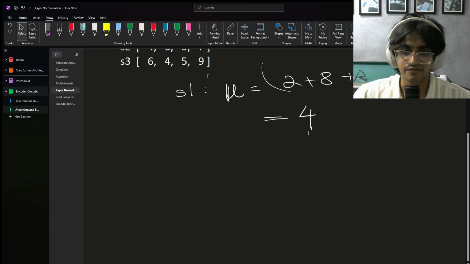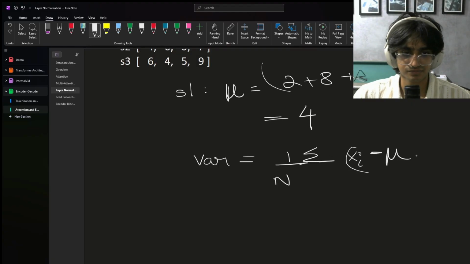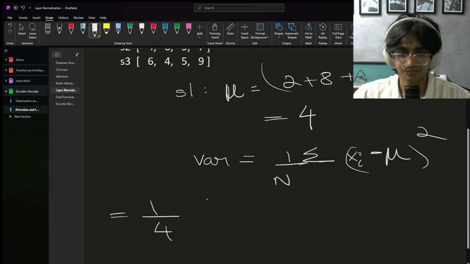And then we calculate our variance. So our variance is just going to be the summation of 1 over n times (xi minus mu) the whole squared. So this is essentially 1 over 4, and xi is just your data point.